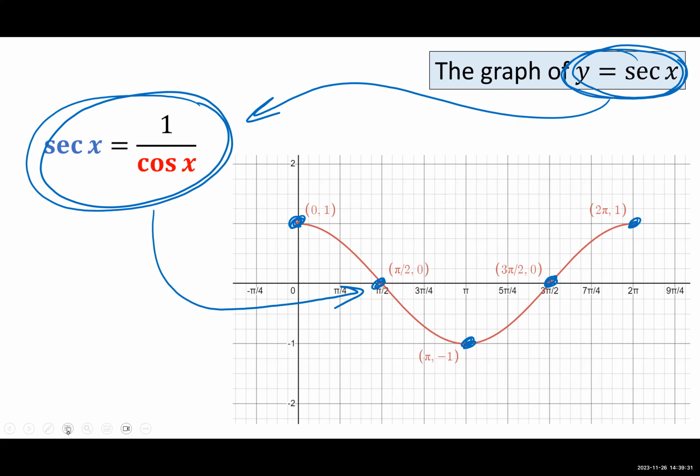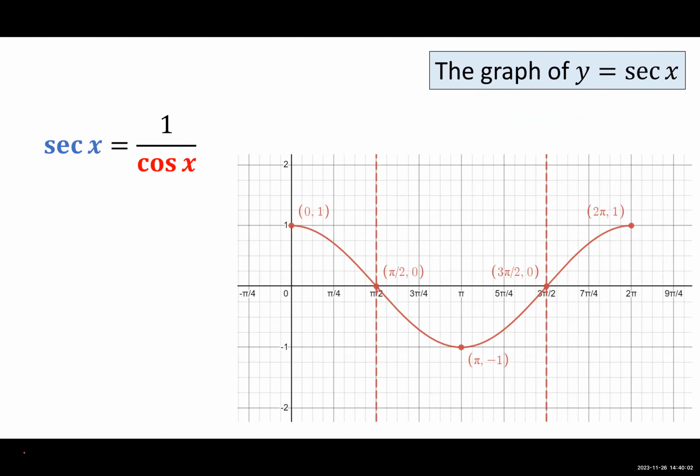And by the same reasoning as we talked about with the cosecant function, whenever the cosine is 0, we get a vertical asymptote of the secant function. All right, so this is our framework right here.